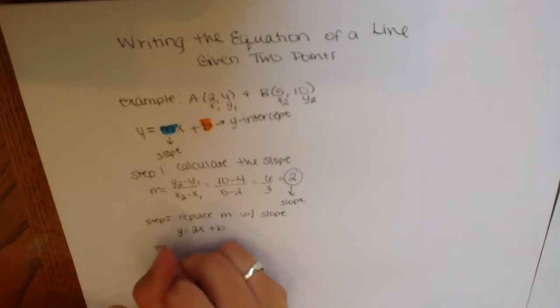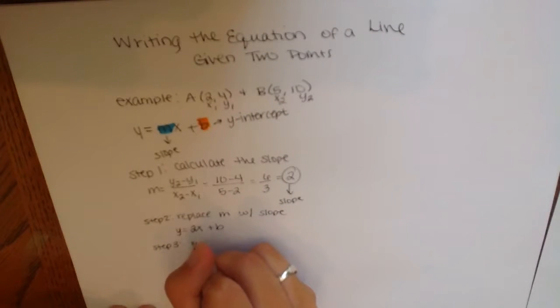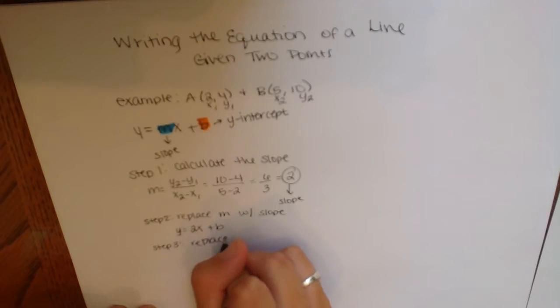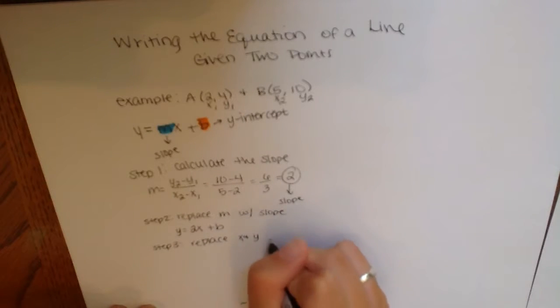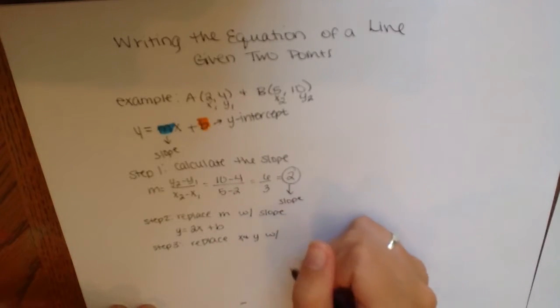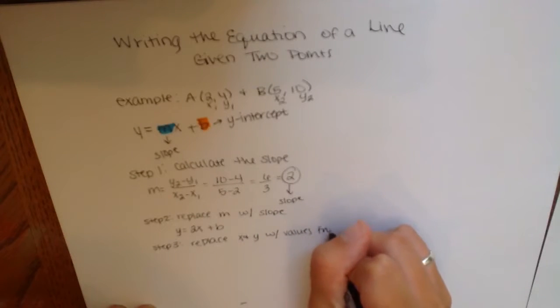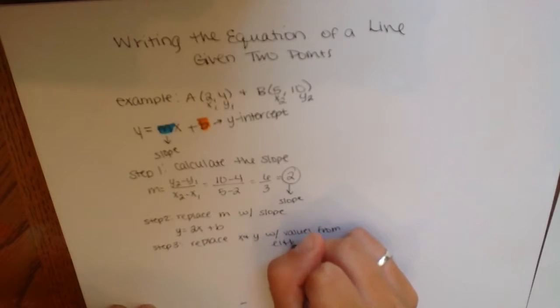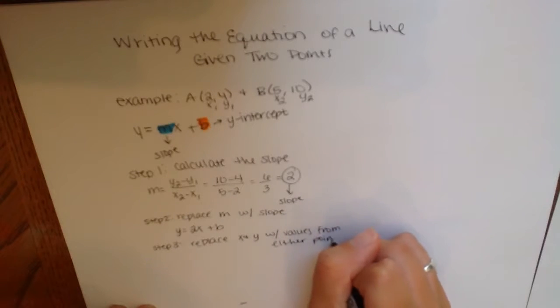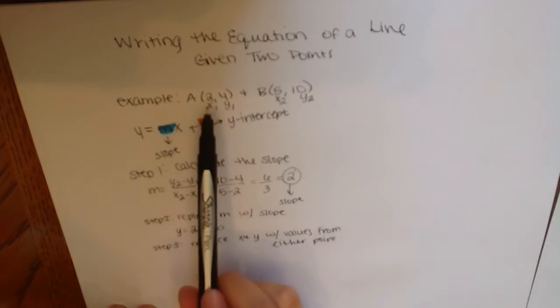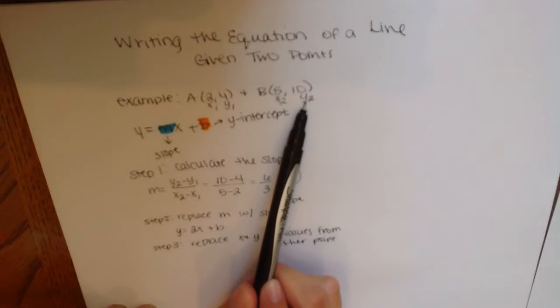So step 3, replace x and y with values from either point. Now we can't pick and choose. You cannot choose x1 and y2.